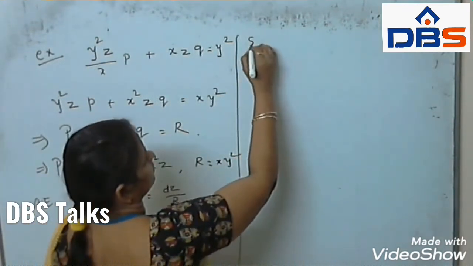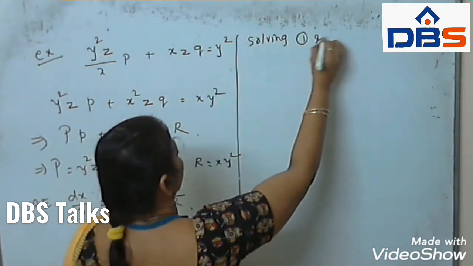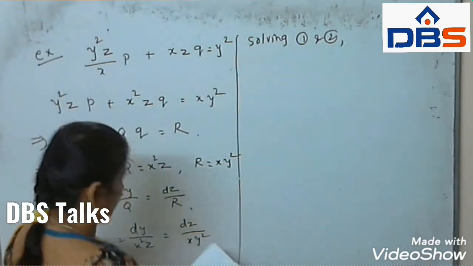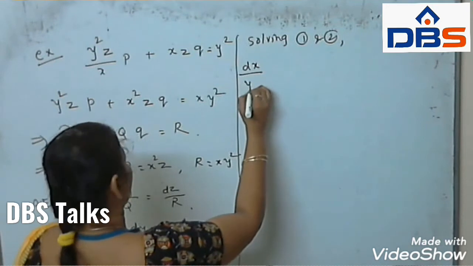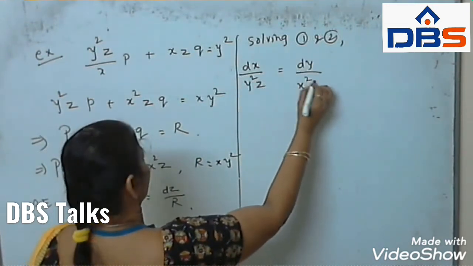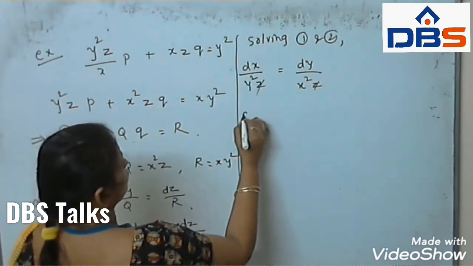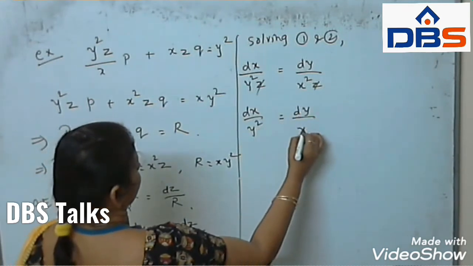Solving 1 and 2, first and second ratios: dx by y square z equal to dy by x square z. Z will be cancelled out. So dx by y square equal to dy by x square.